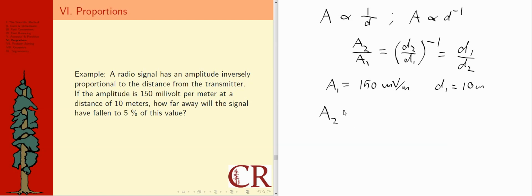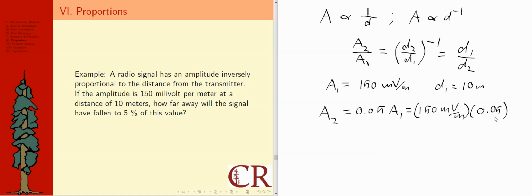Well, 5% means multiply by 0.05 A1. So if I wanted to, I could do this calculation: 150 millivolts per meter multiplied by 0.05. For some reason I put it second this time, but that's okay, multiplication is commutative.